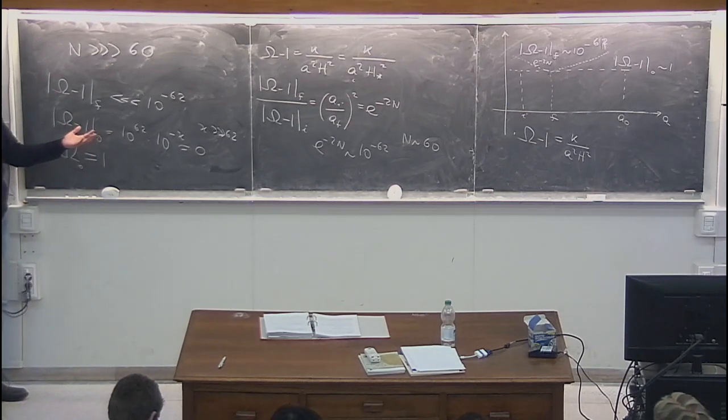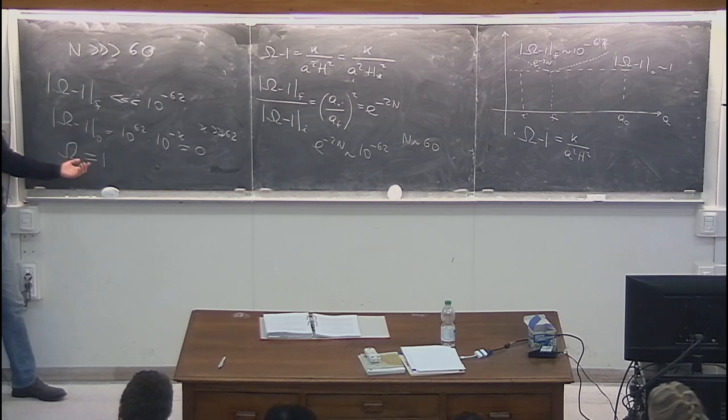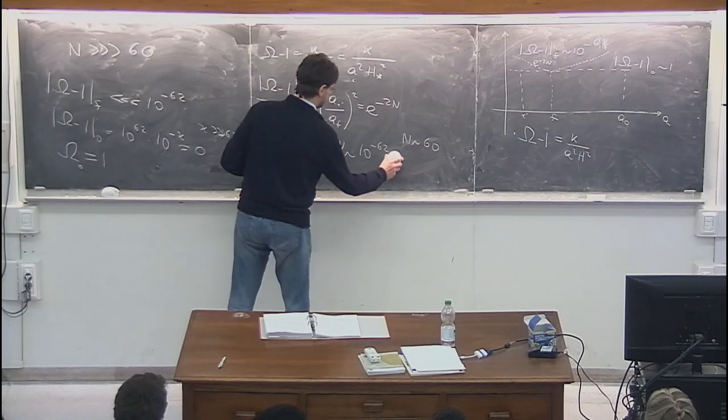But in general, it is very hard to construct such models of inflation. In general, if you write down a reasonable model of inflation, the number of e-folds turns out to be much larger than 60. And therefore, as a consequence, omega today should be equal to 1 within a very high precision. Okay?